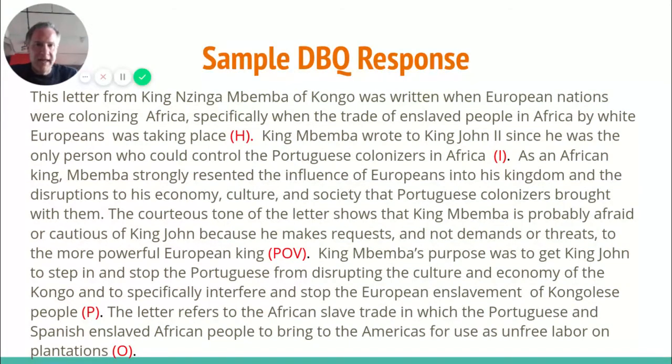Then I go and hit the home run. Specifically when the trade of enslaved people in Africa by white Europeans was taking place. I've gone from broad colonization to specific trading of enslaved people by white Europeans. That's an identify and a describe. It's got both parts.